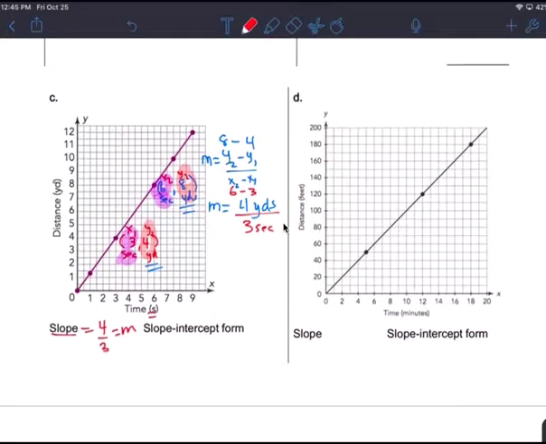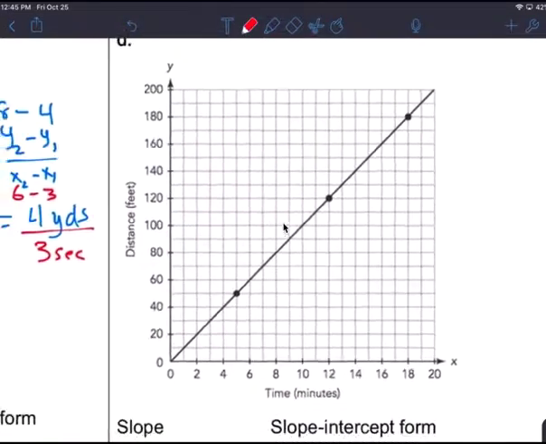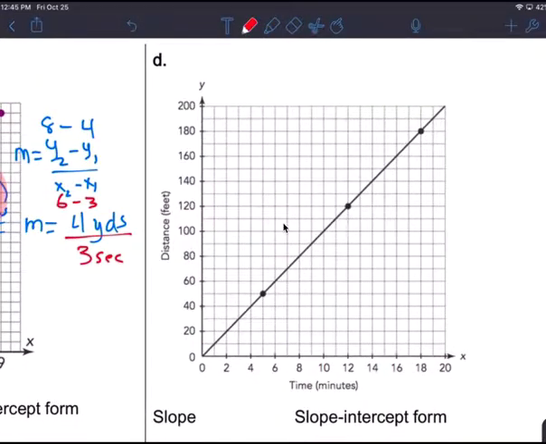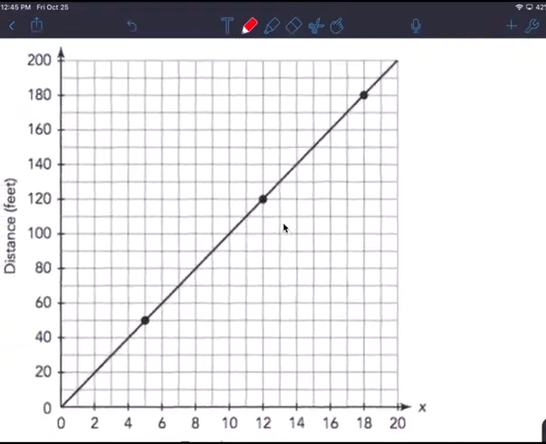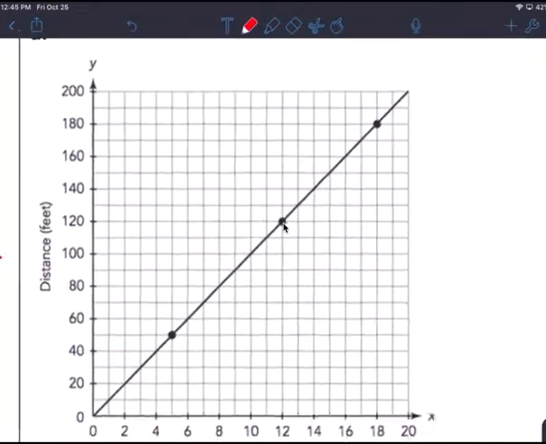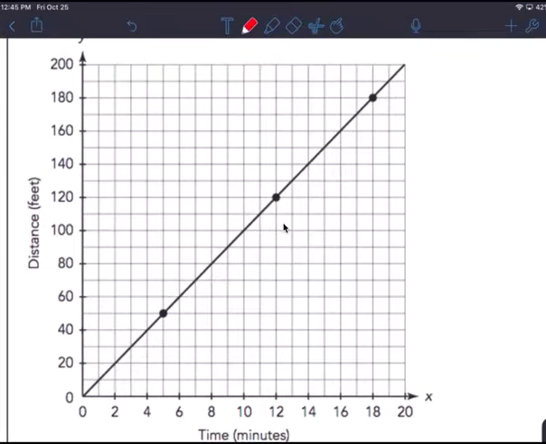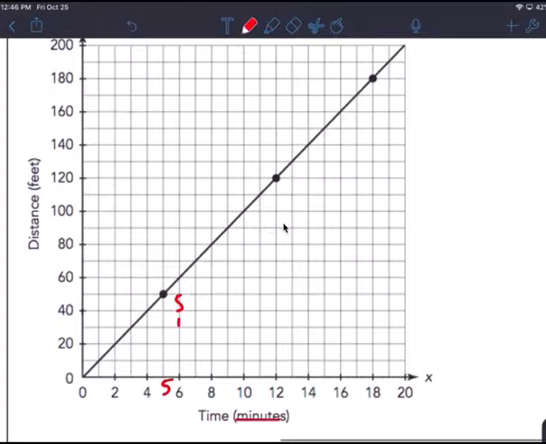Okay, letter D. Let's find slope again. Pick 2 points. We'll go back and fill up all the other ones after we find all this rate of change or slope here. 2 points, 5 minutes, 50 feet.